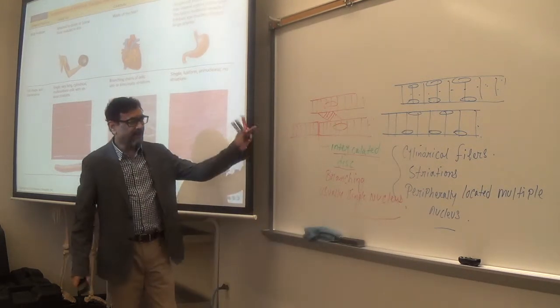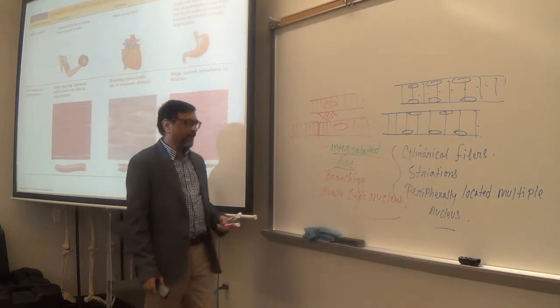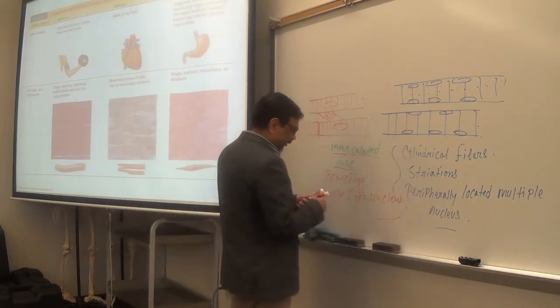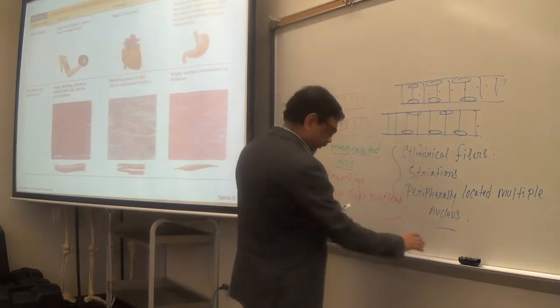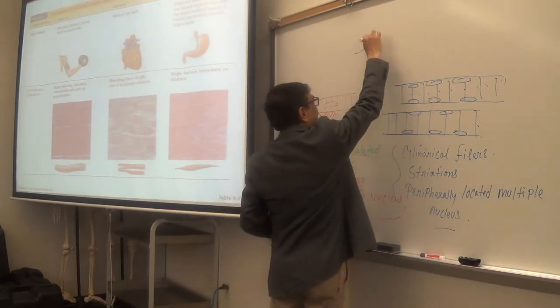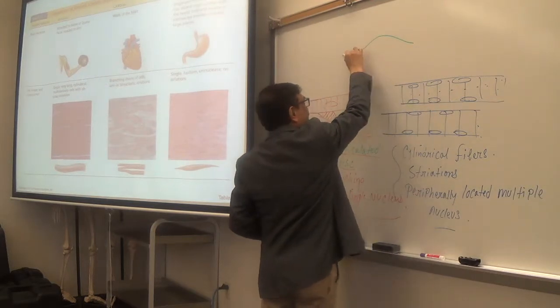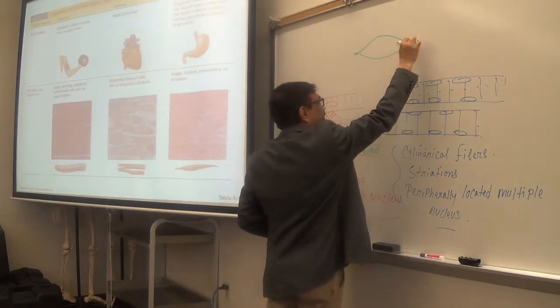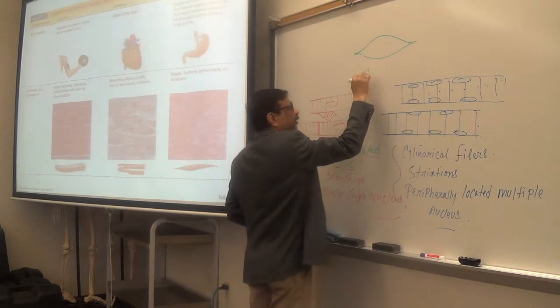So this is cardiac. If you see smooth muscle, which is very simple, the fibers are not cylindrical, but this is called spindle.